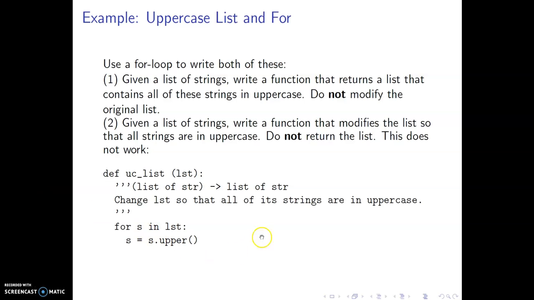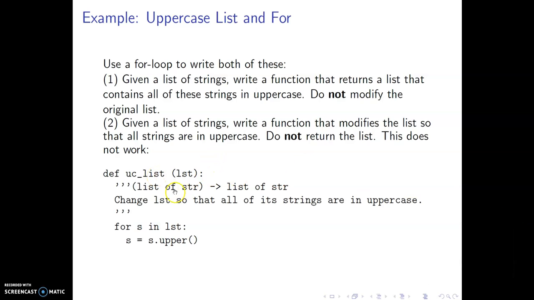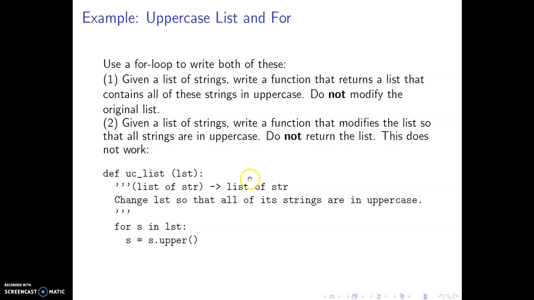By the way, this does not work. So here's a function. Notice we just call it uppercase list. And here's our description. Here's our for loop, and here we're converting everything to upper.